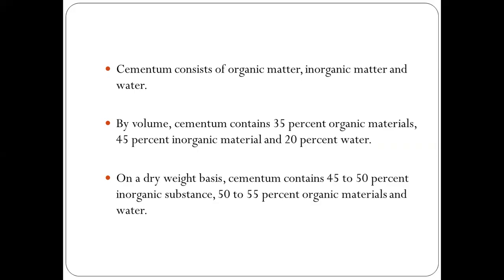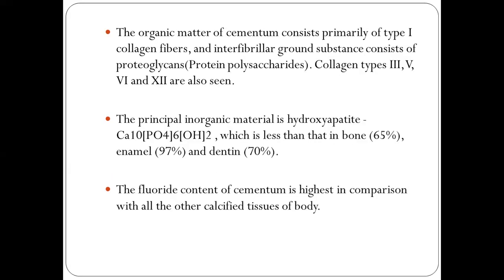By volume, cementum contains 35% organic material, 45% inorganic material, and 20% water. On a dry weight basis, cementum contains 45 to 50% inorganic substance and 50 to 55% organic material. The organic matter of cementum primarily consists of type 1 collagen fiber.